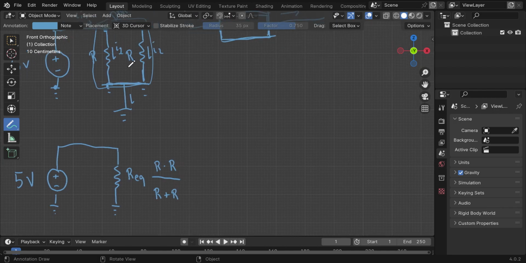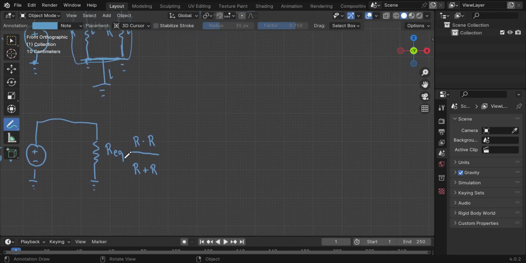Since these two resistors have the same value, it's going to be R squared over 2R.